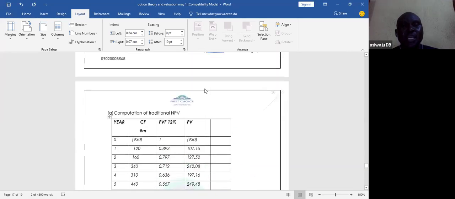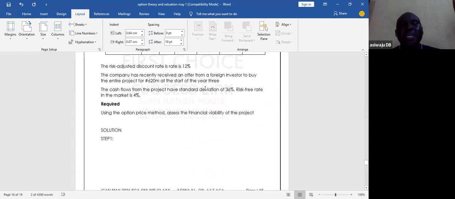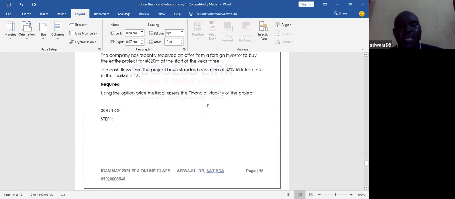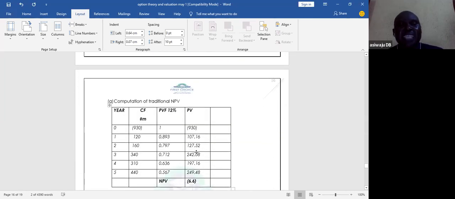Now your T. The examiner says the foreign investor will be coming in at the beginning of year 3. That means after year 2, you want to dispose of the investment and pull out. You want to abandon. You are going to run the investment from year 0 to year 2, and after year 2, you pull out.